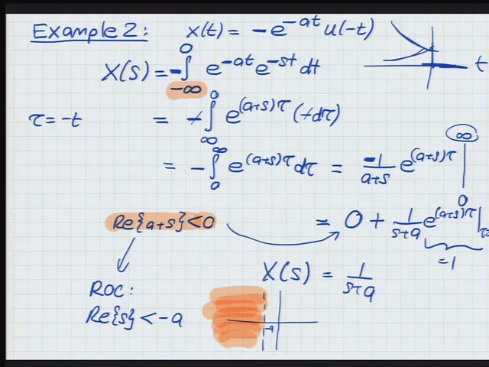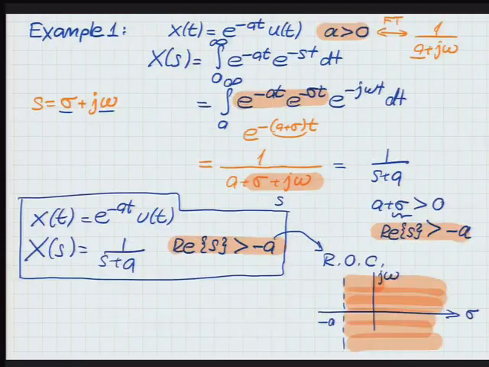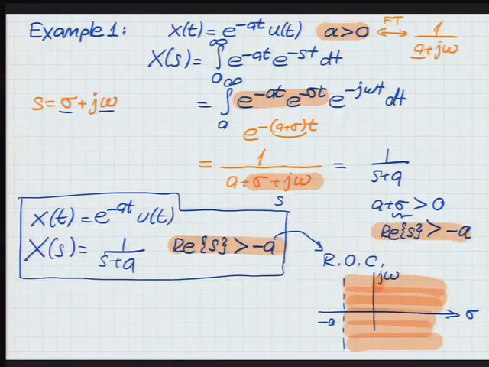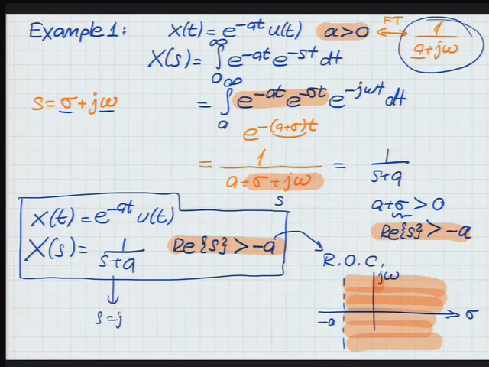Therefore, the Fourier transform would also be well defined, and you can say then the Fourier transform is 1 over A plus j omega. In example 1, which is the right-sided signal, if A is strictly positive, the imaginary axis is part of the ROC. And in that case, we know already that the Fourier transform exists. It's this, which you can recover by substituting S equals j omega.